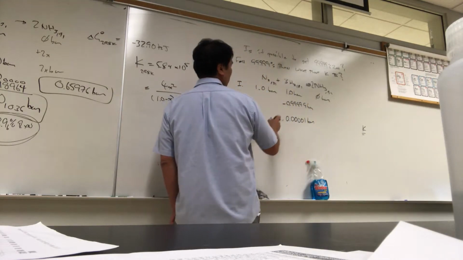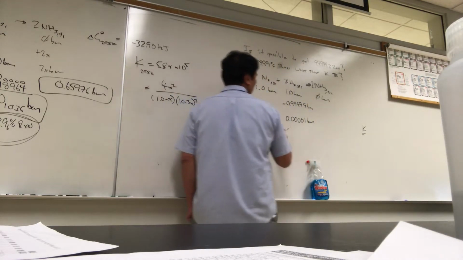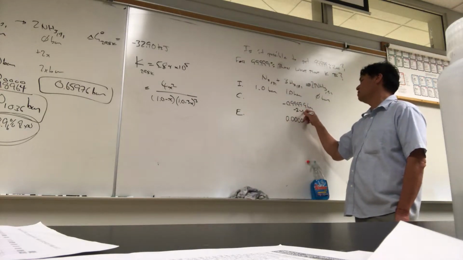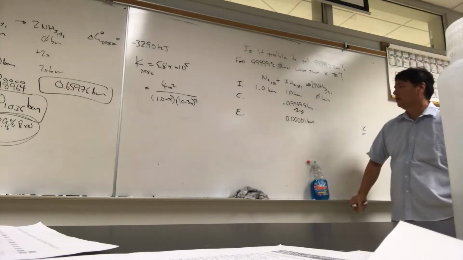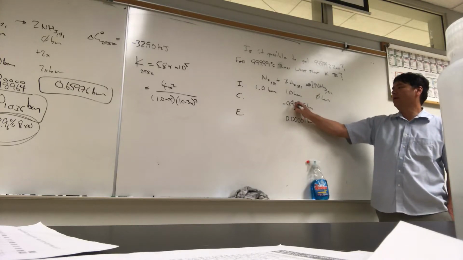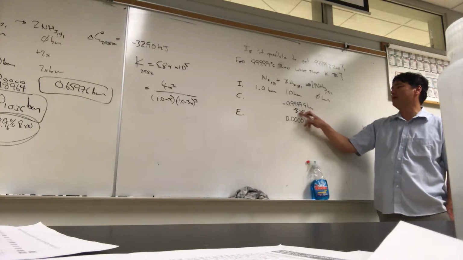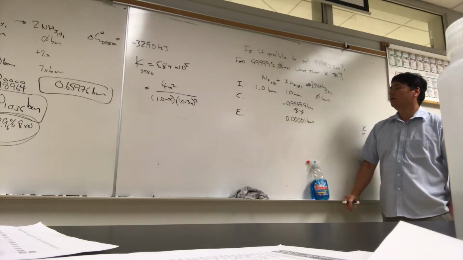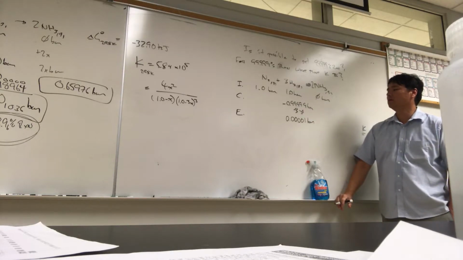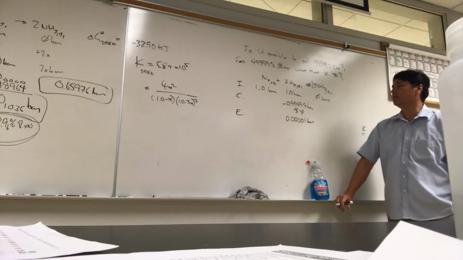But the thing is this. I call this minus 3y, because y is known. I could easily figure it out. If this is 3y, then y must be 0.33333.